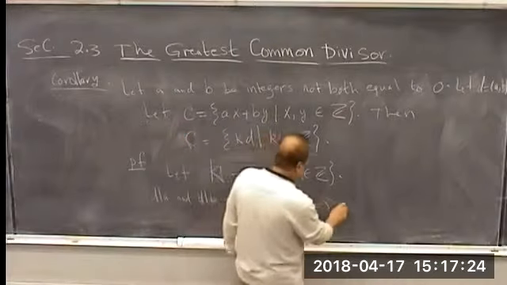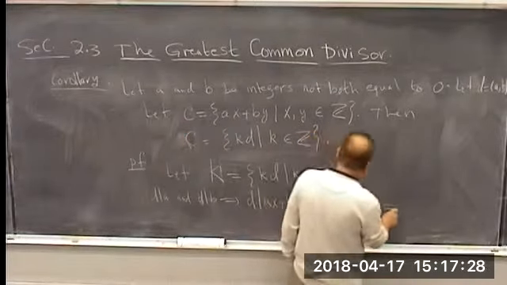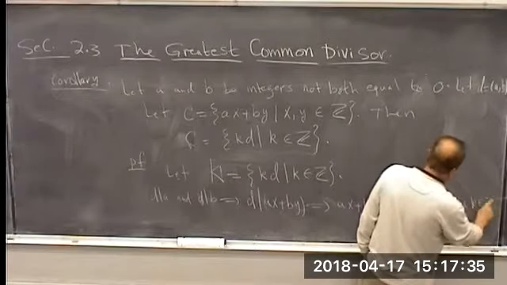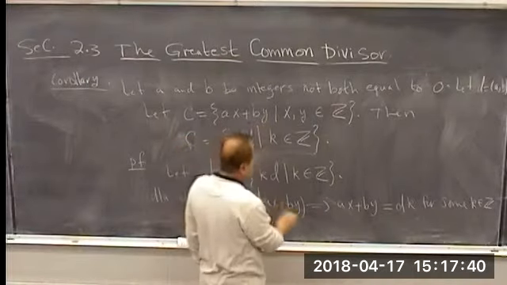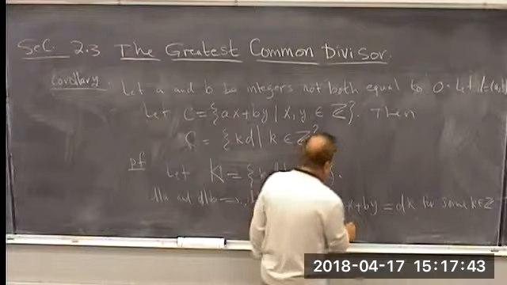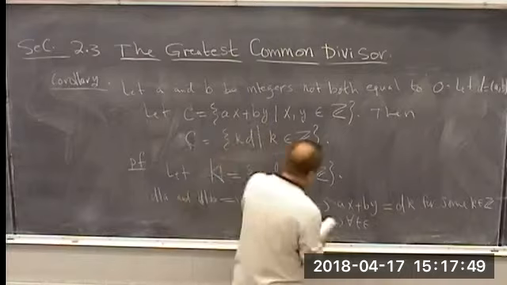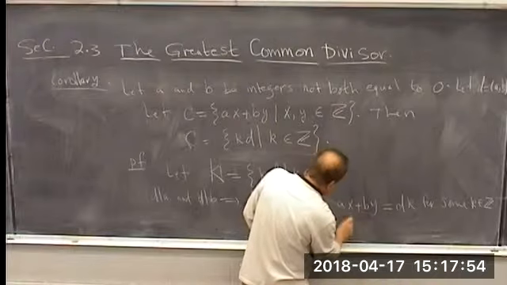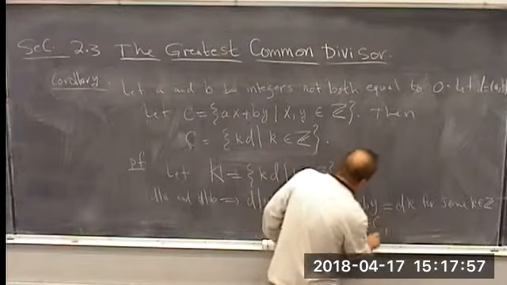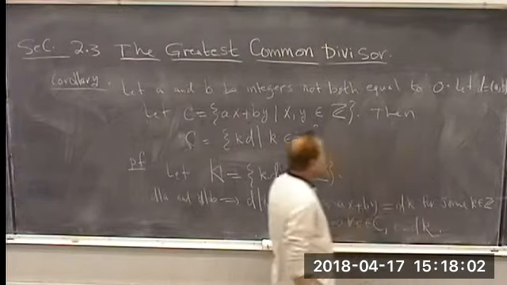By definition, this means that AX plus BY is equal to DK for some K in Z. So for every little c in C, c is equal to DK.